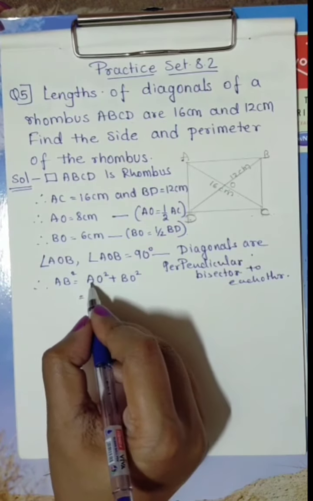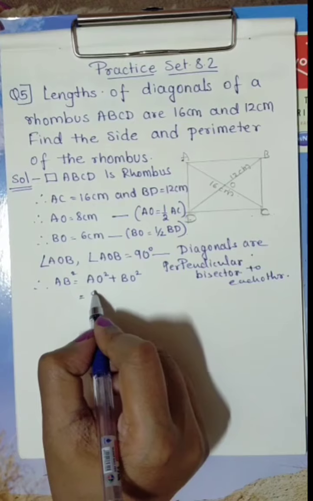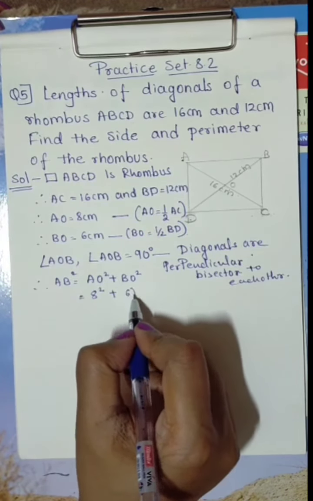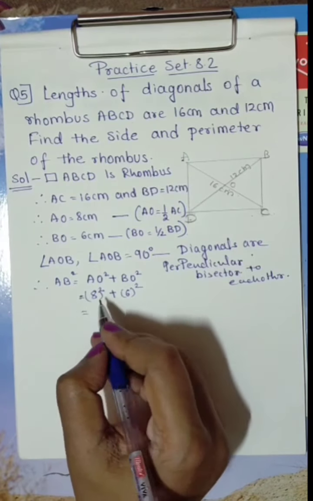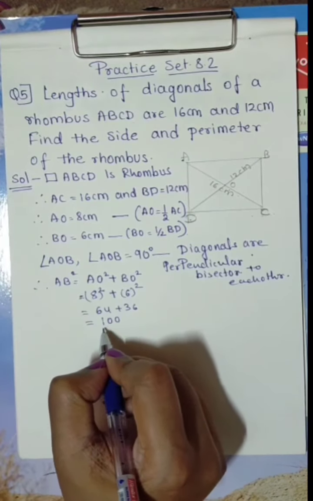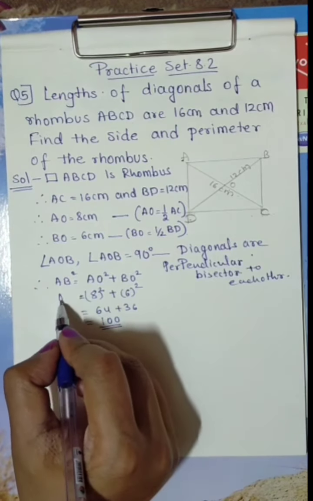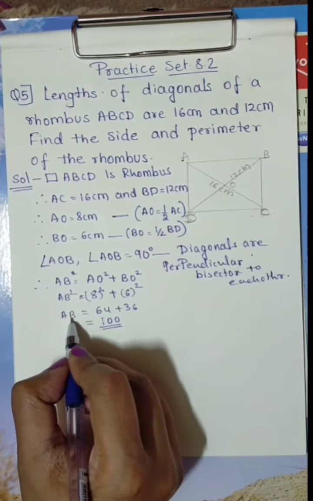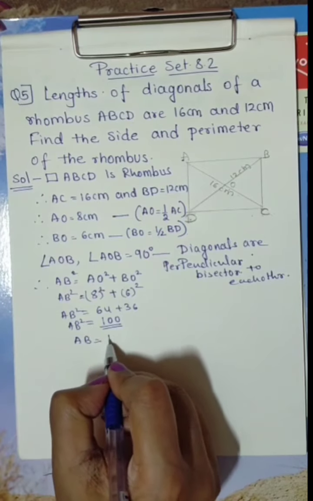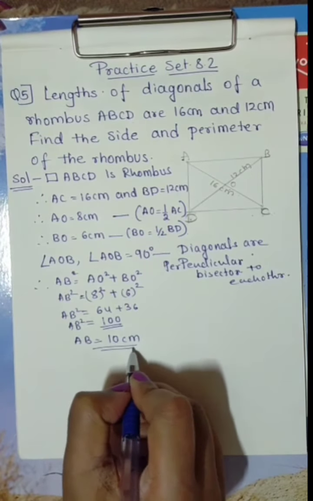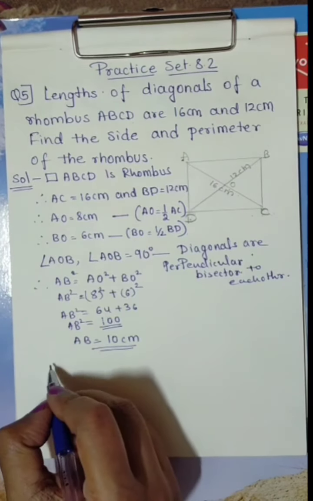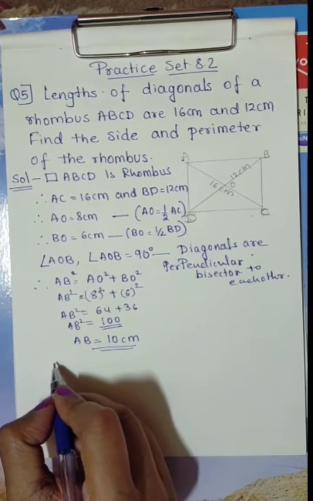Now AO square is 8 square, BO square is 6 square, equal to 64 plus 36, answer is 100. AB square is 100. Now after removing the square we get AB is 10 centimeter.